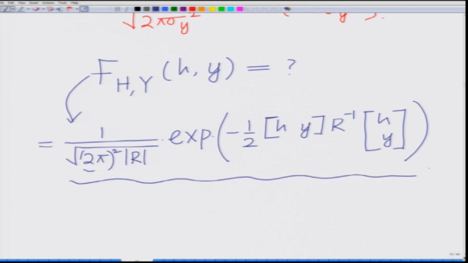This is the expression for the joint PDF of h comma y, which is in fact Gaussian. H comma y are jointly Gaussian random variables.